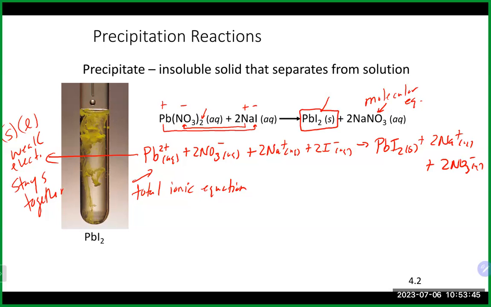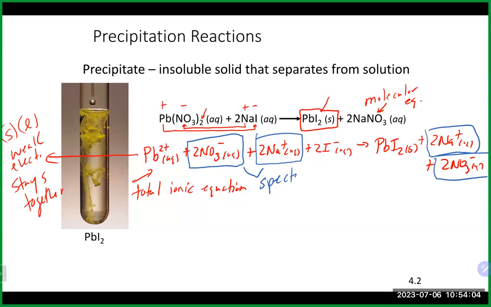In this case, there are a couple of sodiums and a couple of nitrates on both sides of the arrow. These ions, which are exactly the same on both sides of the arrow, are what are referred to as spectator ions.